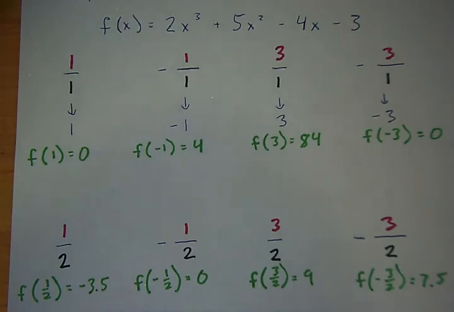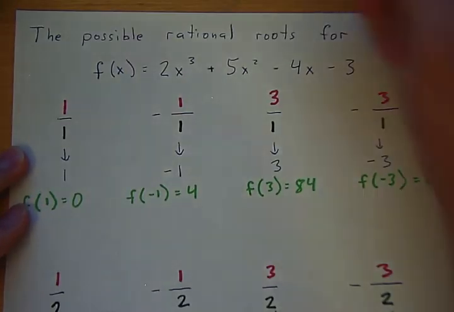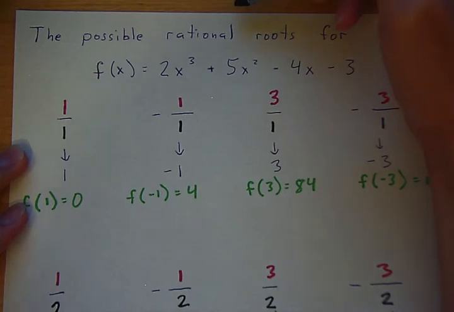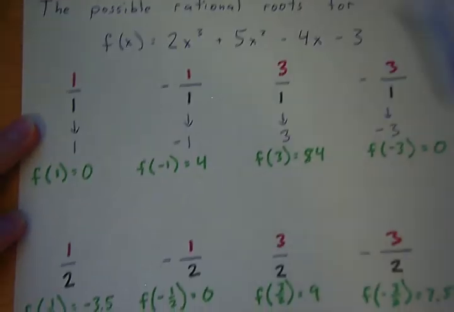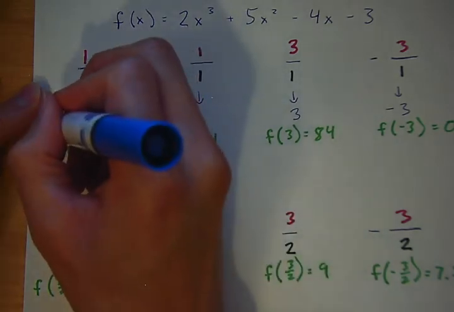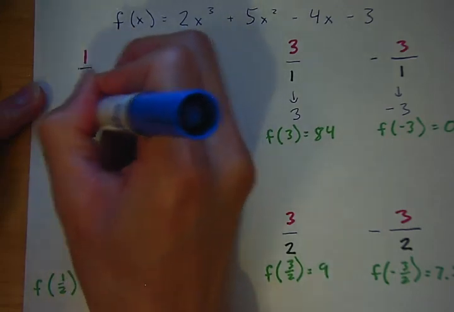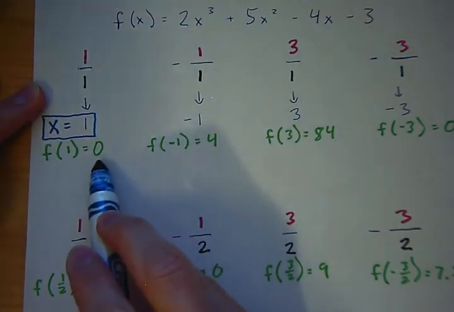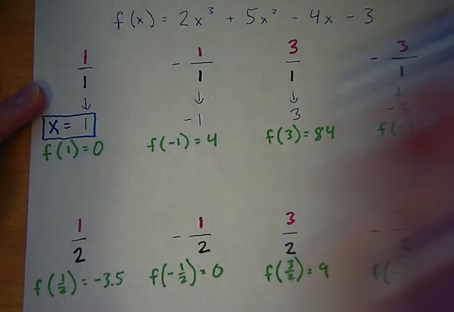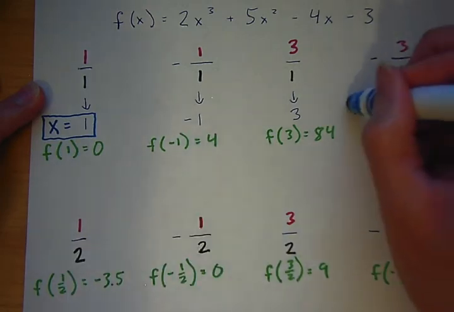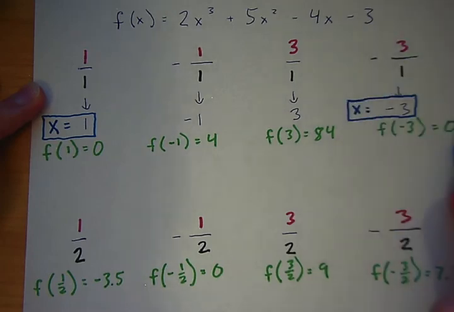All right, so it turns out that the rational values for x that would make the y equal to 0 are: x equal 1 is a root, because when x equals 1, y is equal to 0. When x is equal to negative 3, y is equal to 0.